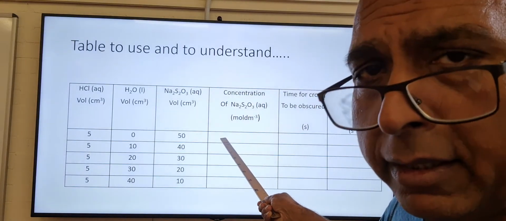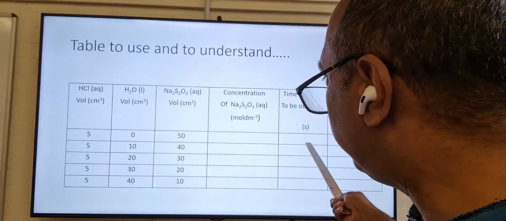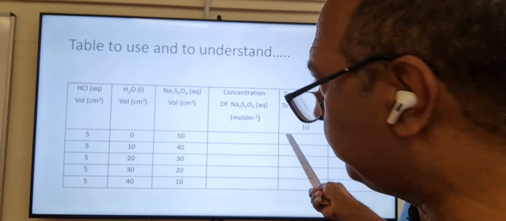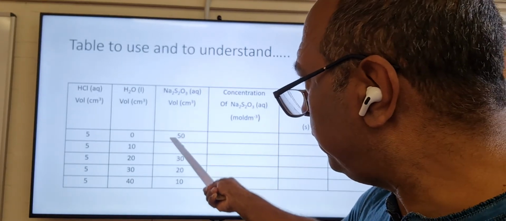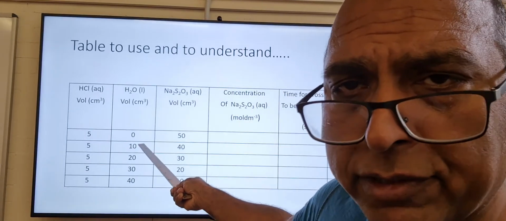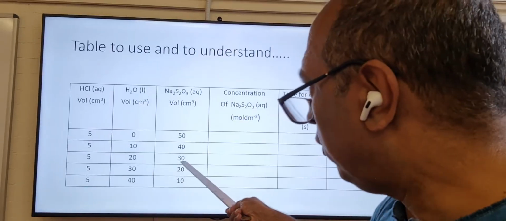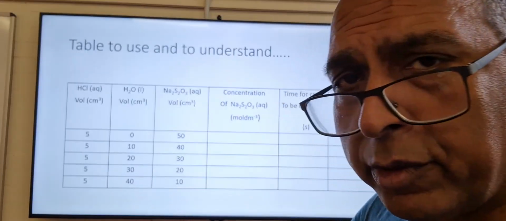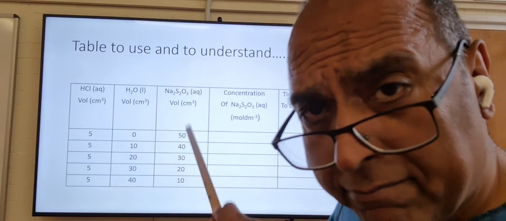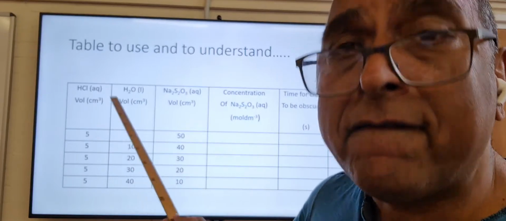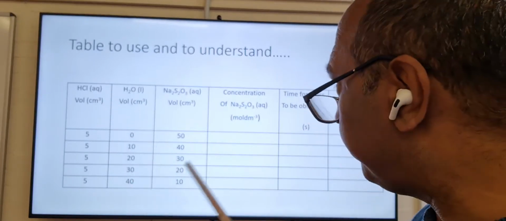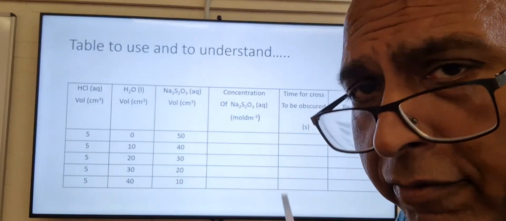I'm going to calculate the concentration for you after I've done the practical. But basically, by changing the 50 to 40 and substituting 10 water, or 20 water, 30 water, 40 water, that will give us different concentrations. 1, 2, 3, 4, 5. 5 different concentrations. And we're going to get 5 results.